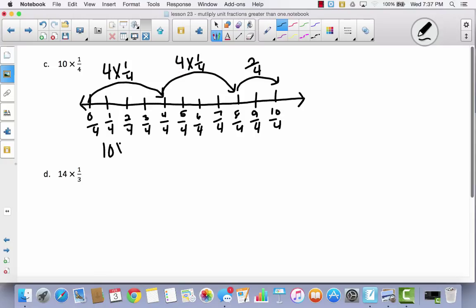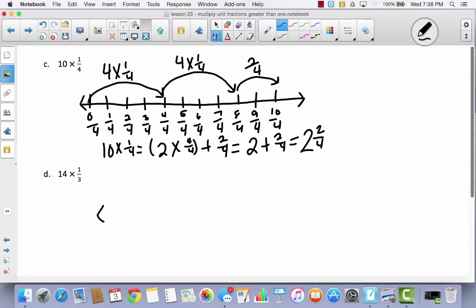So 10 times 1/4 is the same thing as 2 times 4 fourths, because here's 4 fourths 1 time, 4 fourths 2 times, plus 2 fourths. Well, 2 times 4 fourths is the same thing as 2 plus 2 fourths, so this equals 2 and 2 fourths.